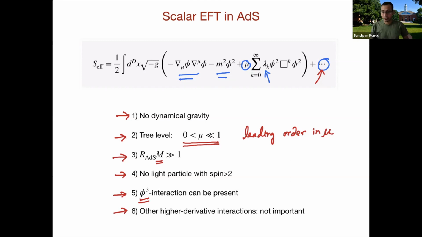All those other interactions are, in some sense, subleading. Whenever I derive bounds, they are independent of those other interactions. So even if they are present, they are not going to change the bounds on lambda K that I'm going to derive today.